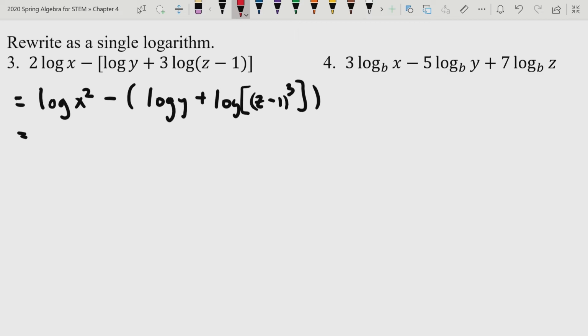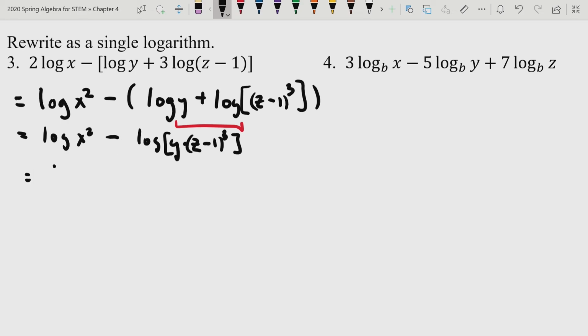Now I can use the product property. The sum of logs is the log of a product, so I leave this expression alone. And here I get minus the log of the first thing times the second, which is y times z minus 1 cubed. Now I have the difference of logs here.